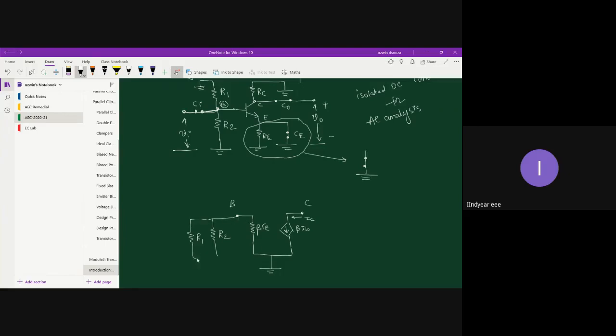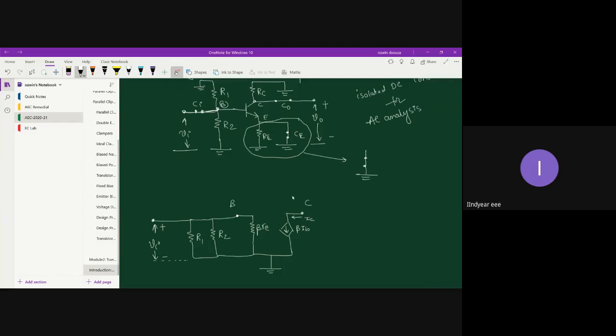Everything I can connect to ground. And finally, to the base terminal, we have connected an input, which can be shown like this. This is my ground terminal, and this is where we are going to feed our input signal.